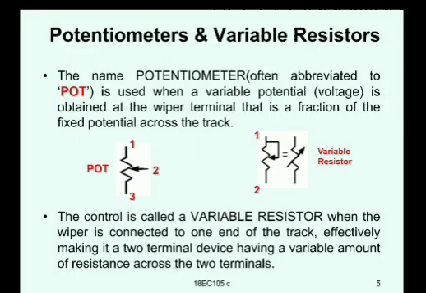The name potentiometer, often abbreviated as POT, is used when a variable potential voltage is obtained at the wiper terminal, that is a fraction of the fixed potential across the track.